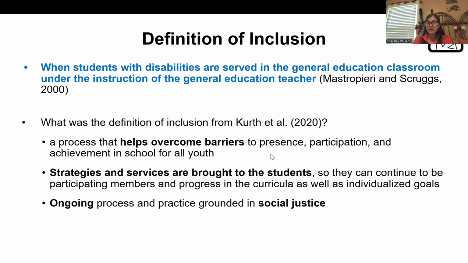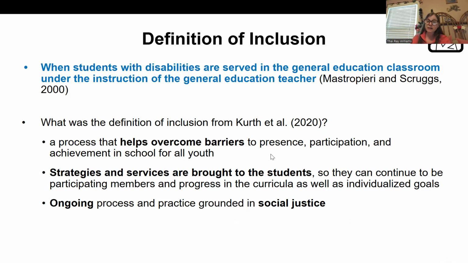They also defined inclusion as the strategies and the services being taken to the students. So that may be different than your current situation. Instead of bringing a student to, for example, a self-contained classroom to receive explicit instruction or constant time delay in reading, or being taken to the speech and language pathologist for those therapies, the services and strategies are taken to the student where the student is.